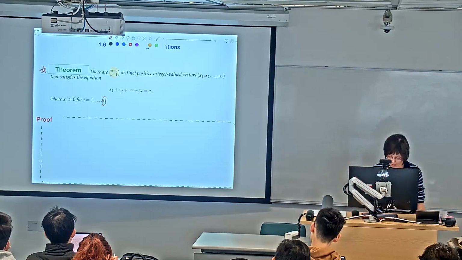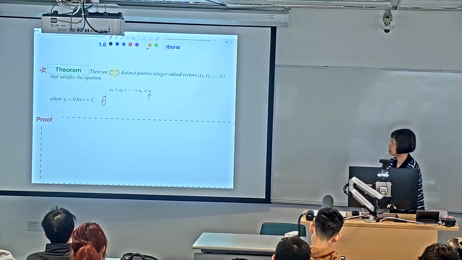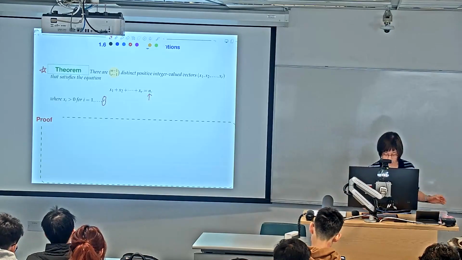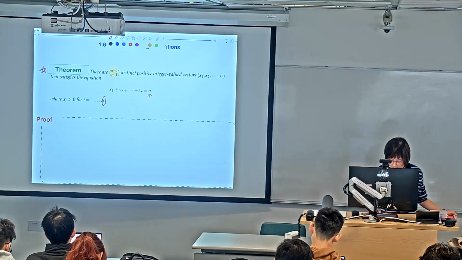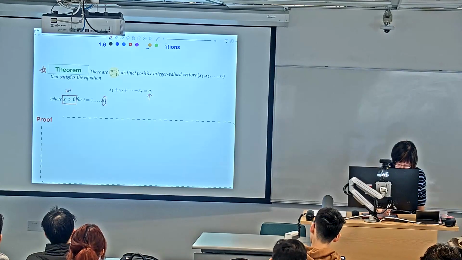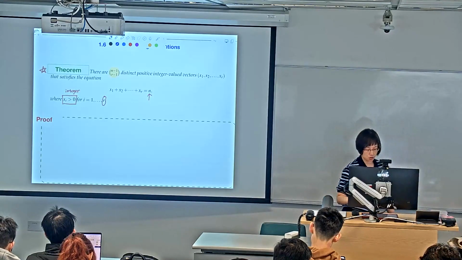And this n is the sum of these variables. And also the constraint that the xi's are integers, they are positive integers. It must be integer, otherwise there are infinite solutions.